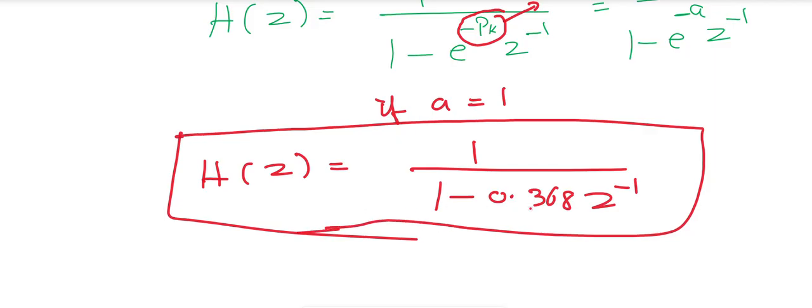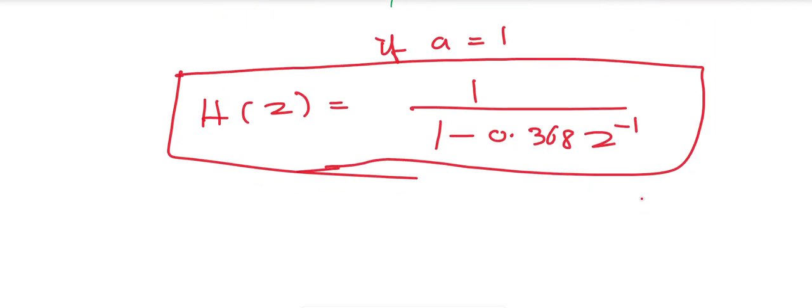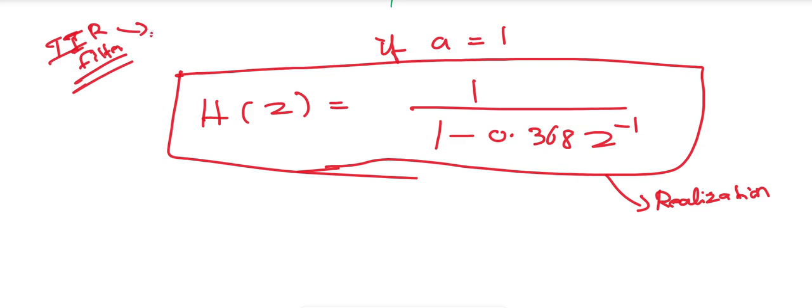Now what are the coefficients? We have already seen the realization of the IIR filter. It's an all pole system. The numerator polynomial coefficients are zeros, and the denominator polynomial coefficients are poles.